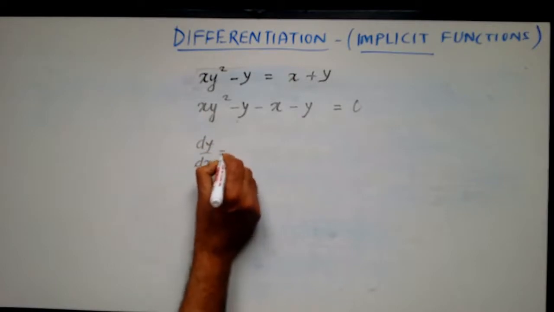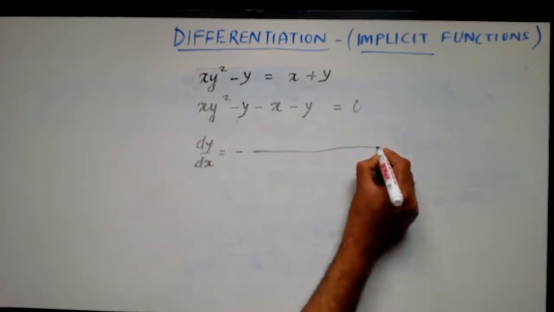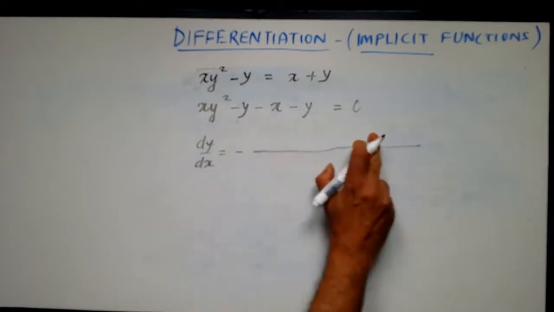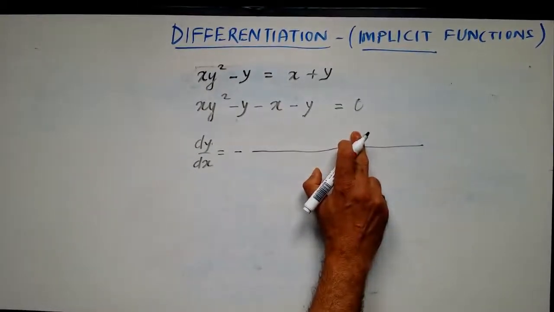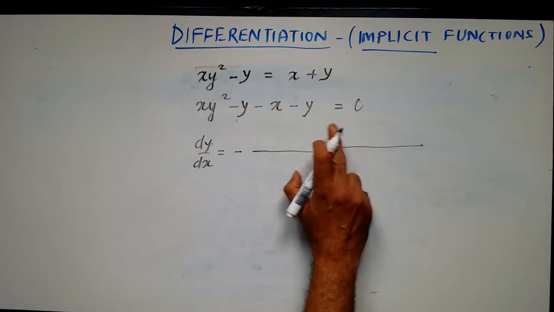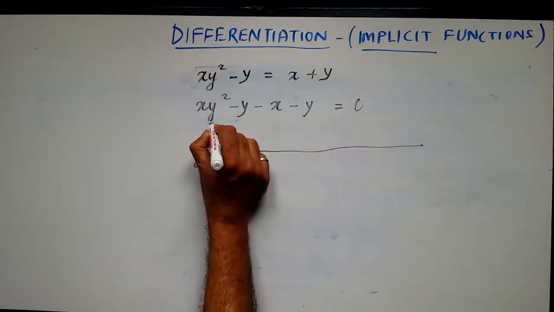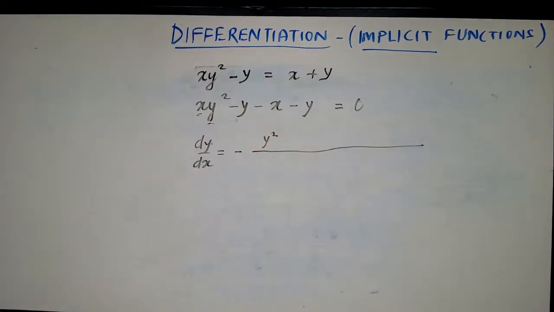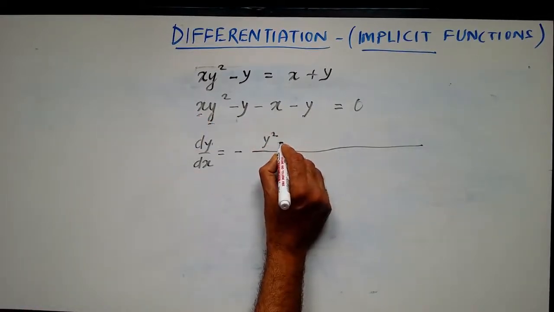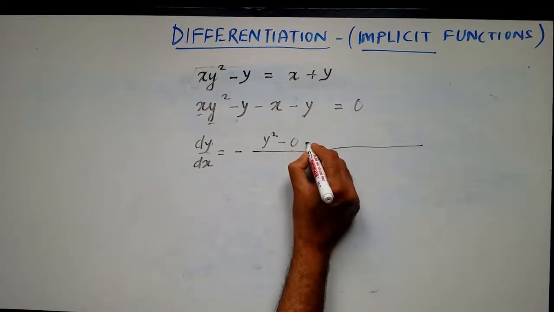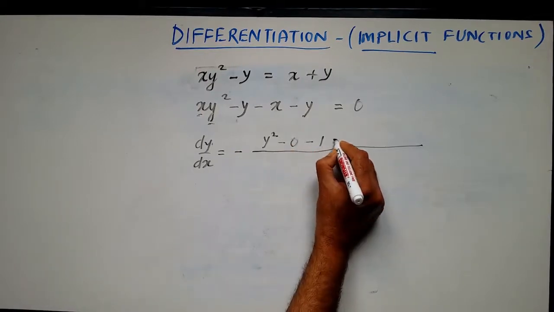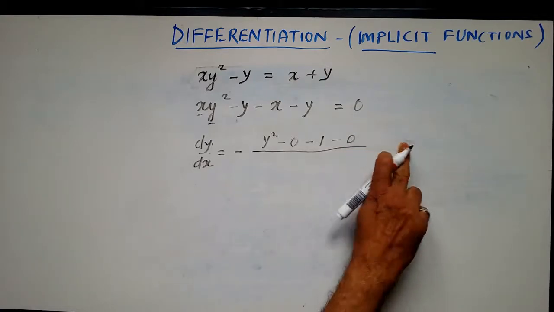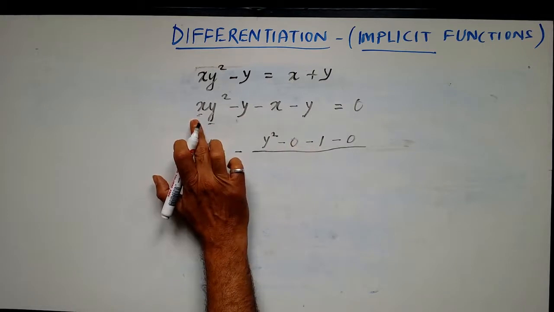So dy by dx is equal to minus, in the numerator, the derivative of the equation taking y as a constant. So taking y as a constant, this will remain as y squared, and the derivative of x is 1. Taking y as a constant, this becomes 0. Divided by the derivative of the equation taking x as a constant.